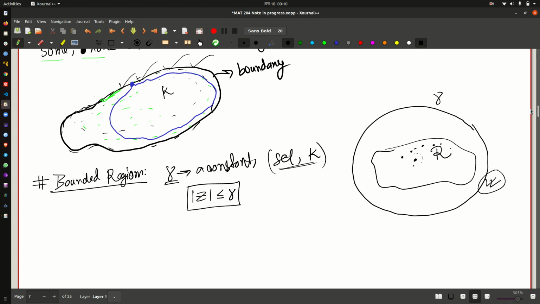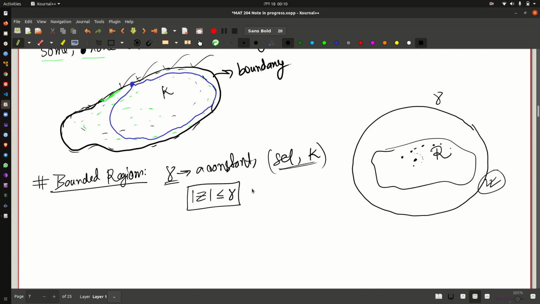Now we have said this is only for open regions, so what about closed regions? Can there be such a thing as a closed region? Well, yes, it's pretty simple. If your region contains all the boundary points, then it's closed.